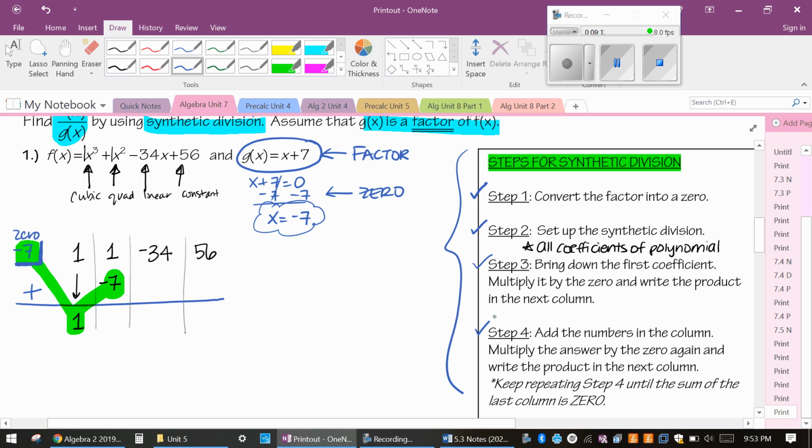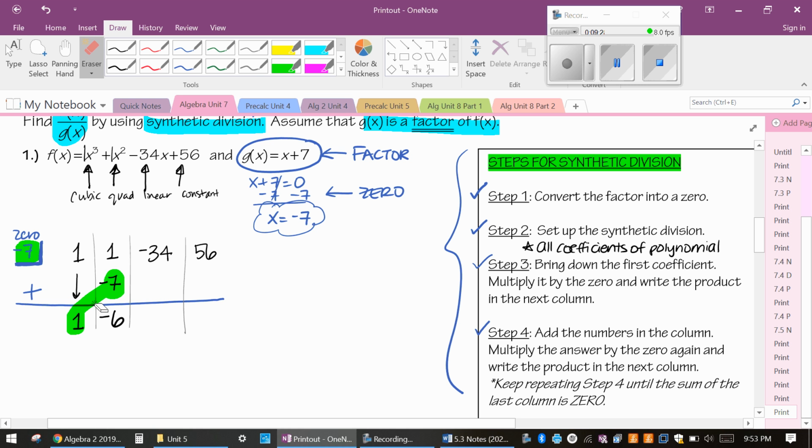Add the numbers in the next column. 1 plus negative 7 is negative 6. And then you're going to repeat the steps. So now I'm going to repeat the steps from the previous column.